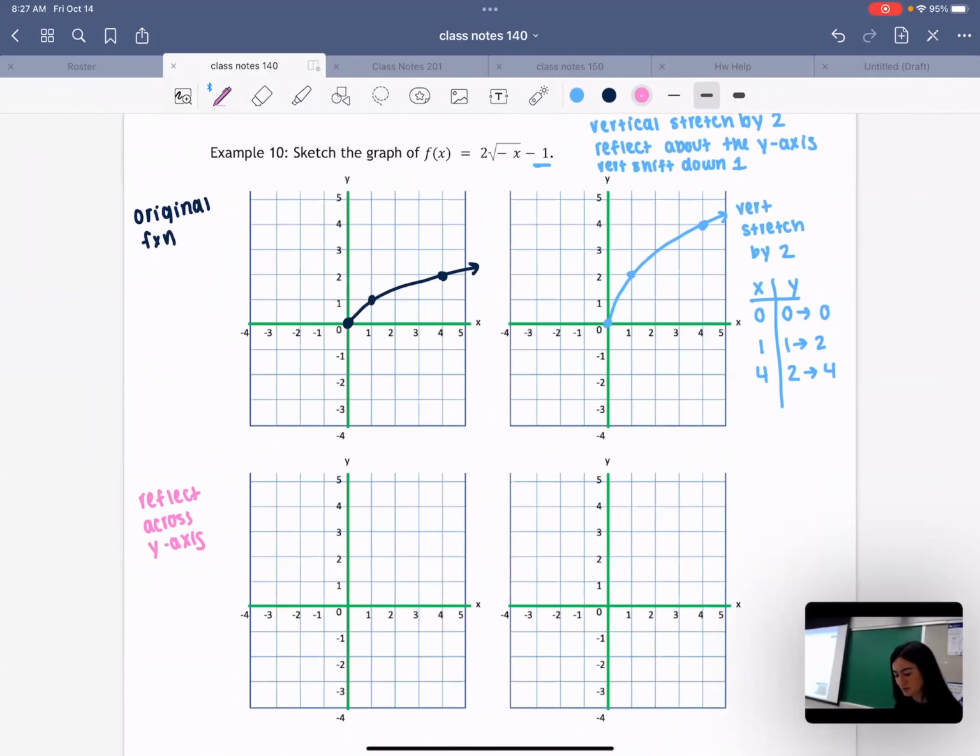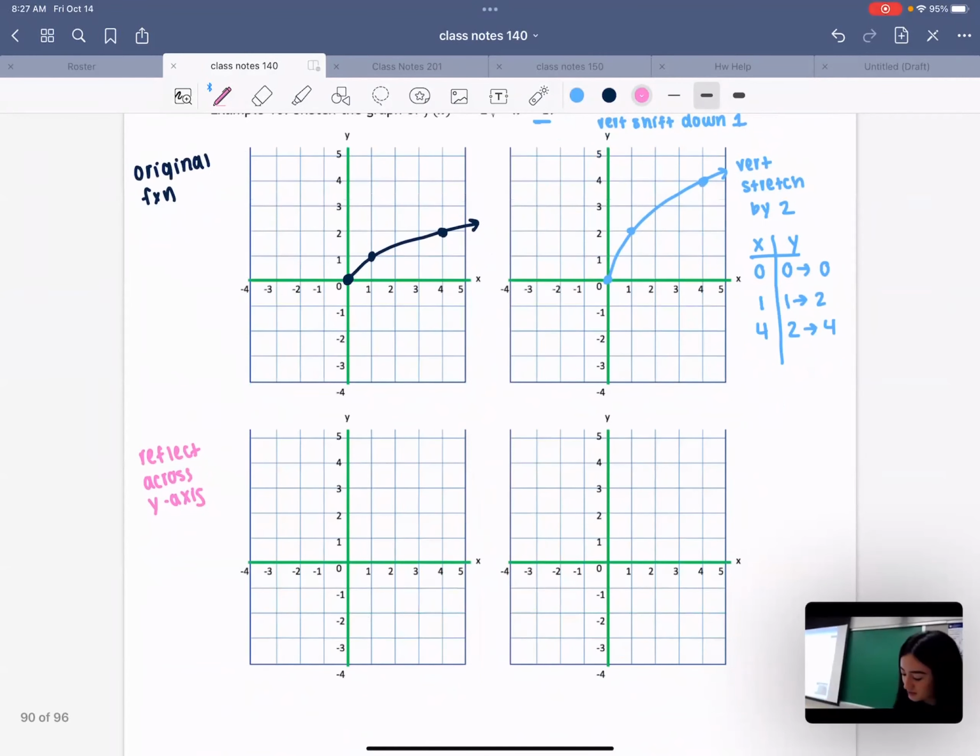Which function am I flipping over the y-axis? Am I flipping the graph on the left or on the right? The right, right? Because the graph on the right is what I just drew. I'm transforming each function step by step. So I'm going to take my blue graph on the right and reflect it over the y-axis.